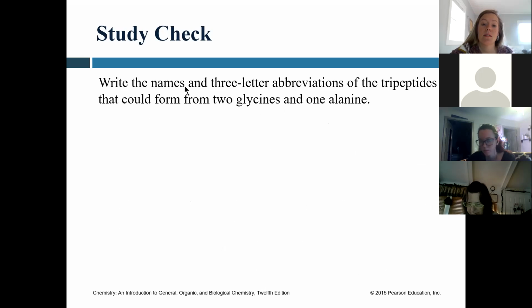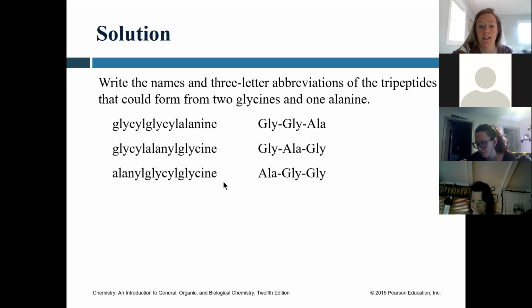It says, write the names and three-letter abbreviations of the tripeptides that could form from two glycines and one alanine. As far as the different possibilities, you could have glycine, glycine, alanine; glycine, alanine, glycine; and alanine, glycine, glycine.